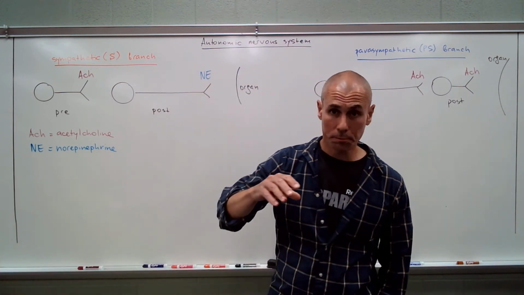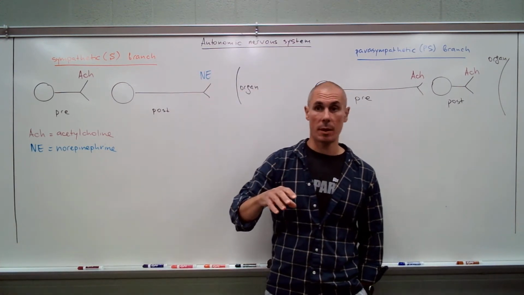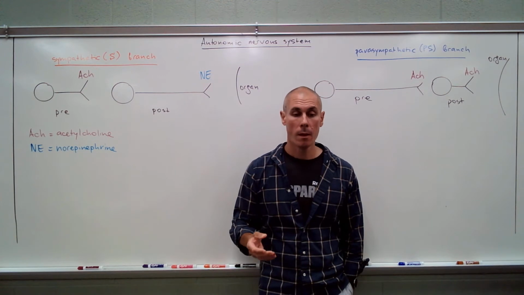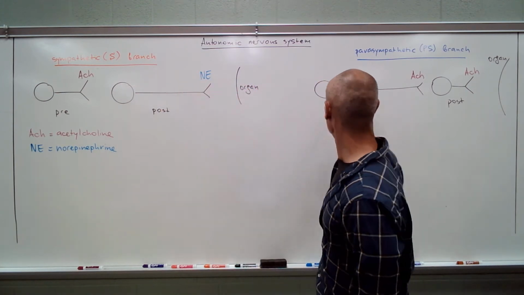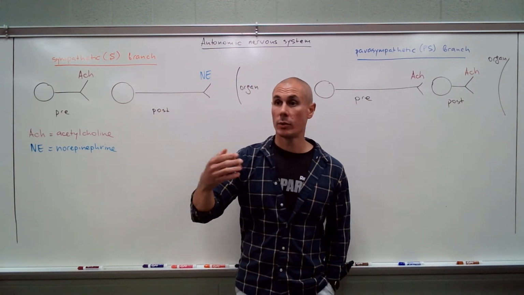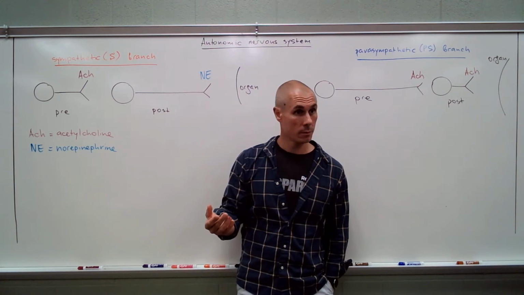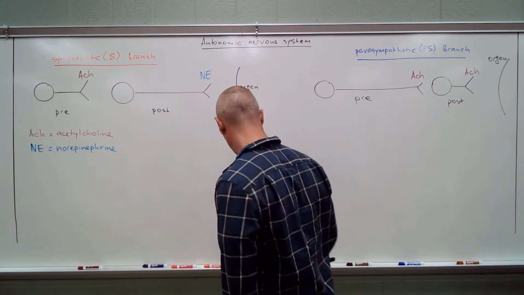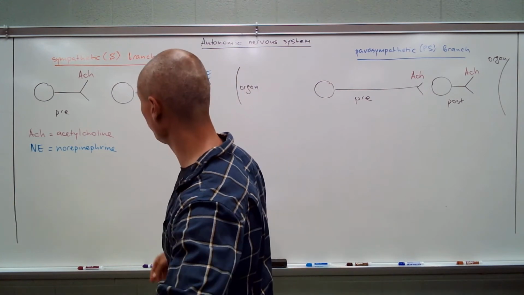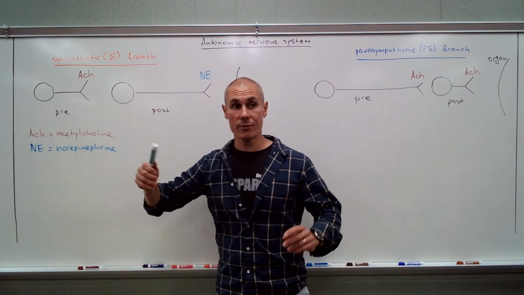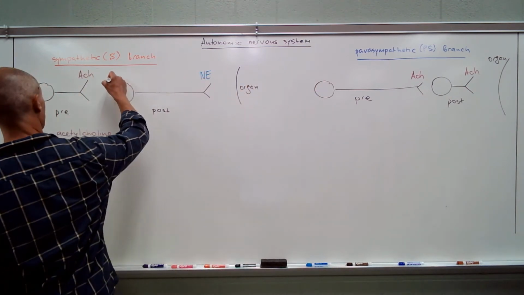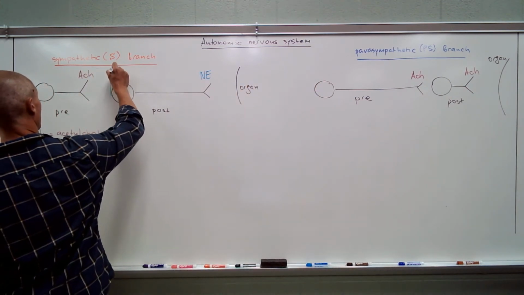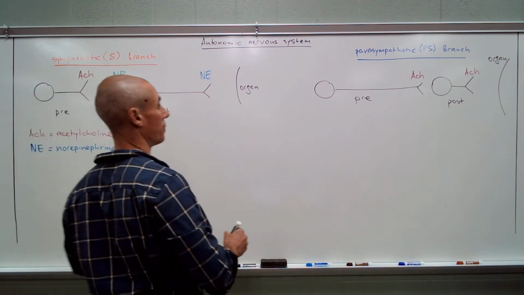Now, as you remember from our previous conversations about neurotransmitters, these neurotransmitters have to interact with the receptors, right? Good? So it turns out that acetylcholine that's released from preganglionic fibers always binds the so-called nicotinic receptors.